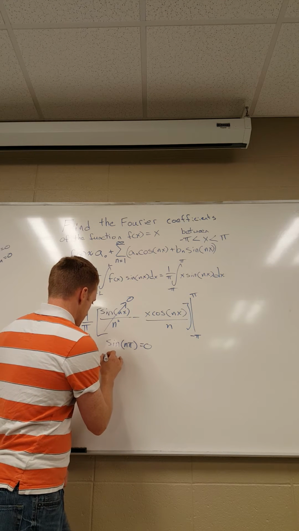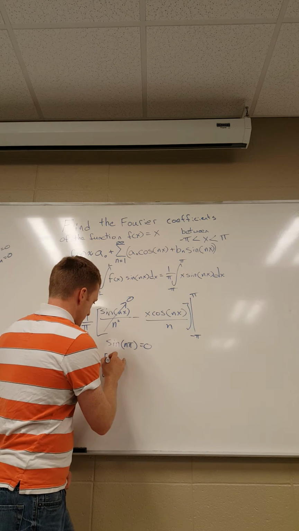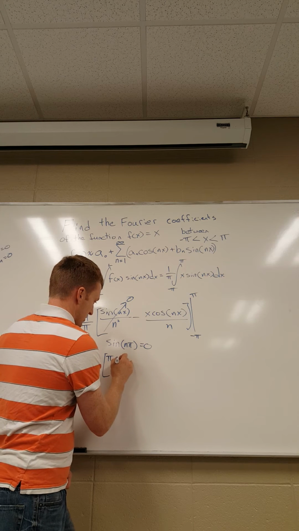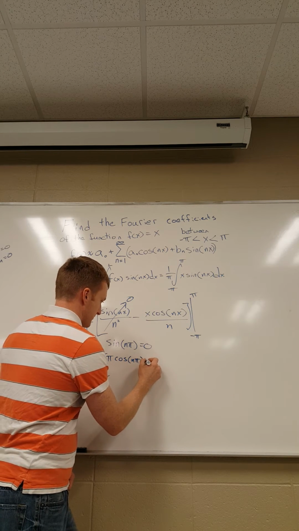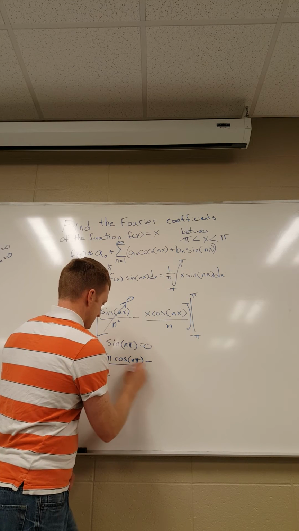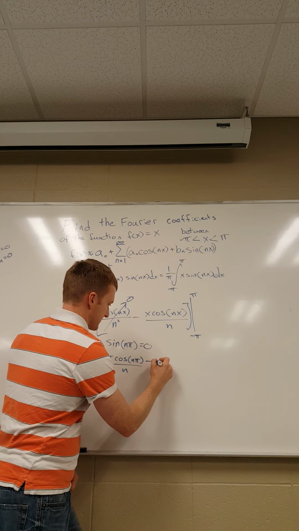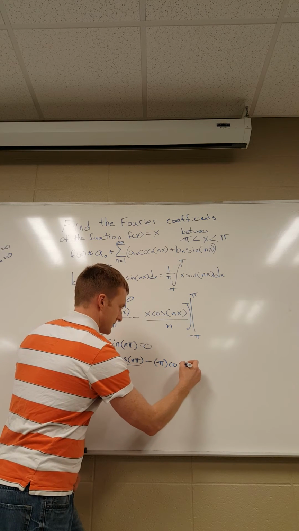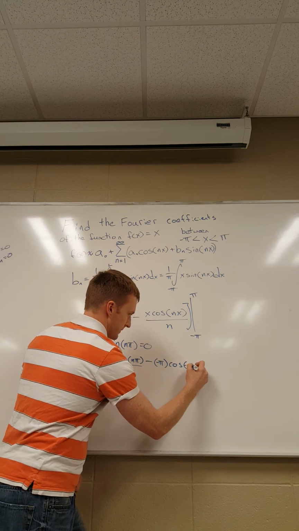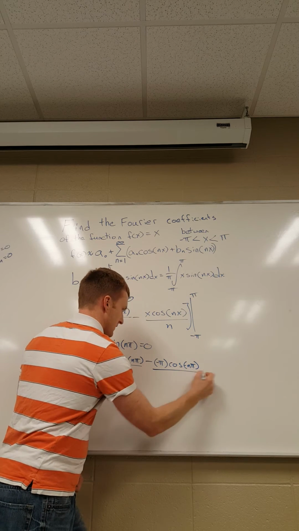So we have x would be pi cosine n pi over n minus negative pi cosine of negative n pi, all over n.